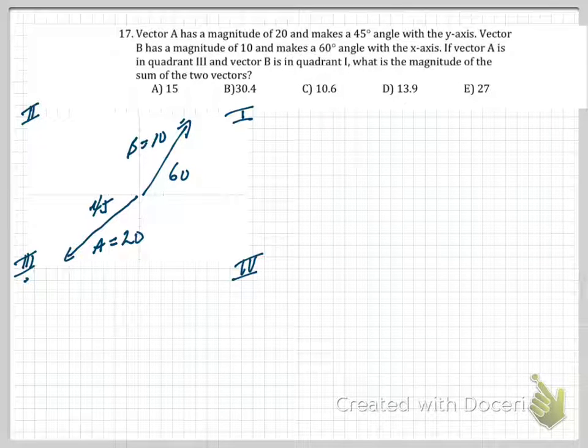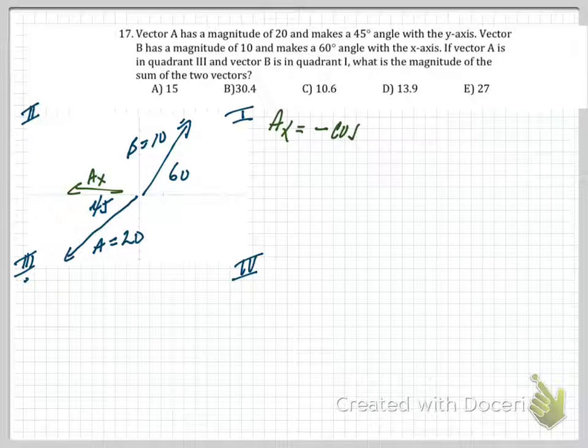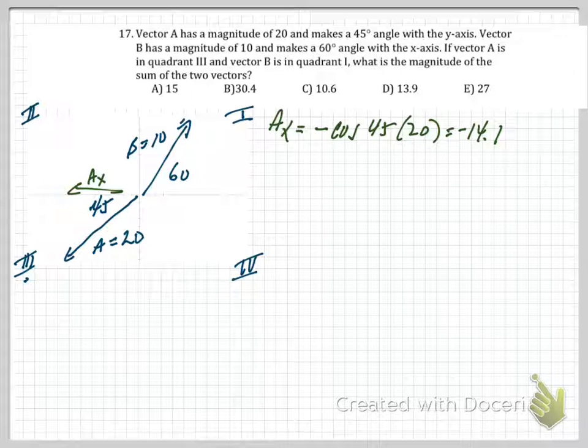All right, so let's break vector A into its x and y components. So A in the x direction would be this component. AX is going to be equal to the negative cosine of 45 times 20, and that equals negative 14.1.